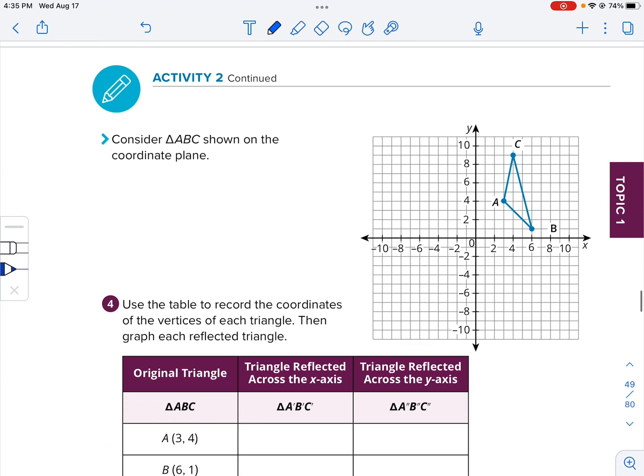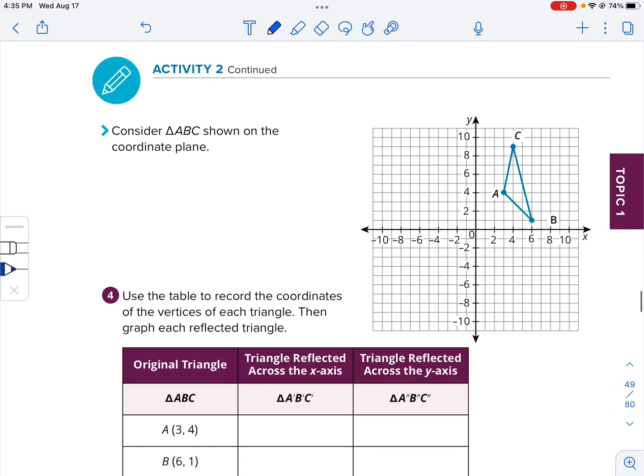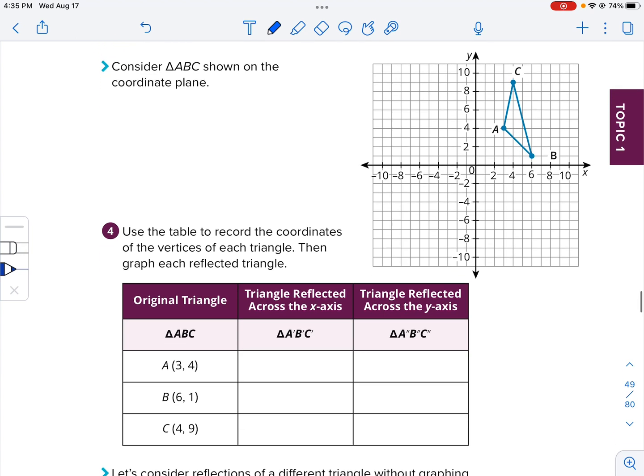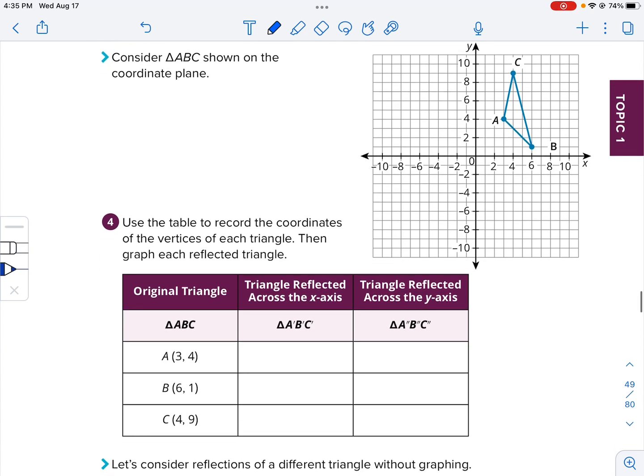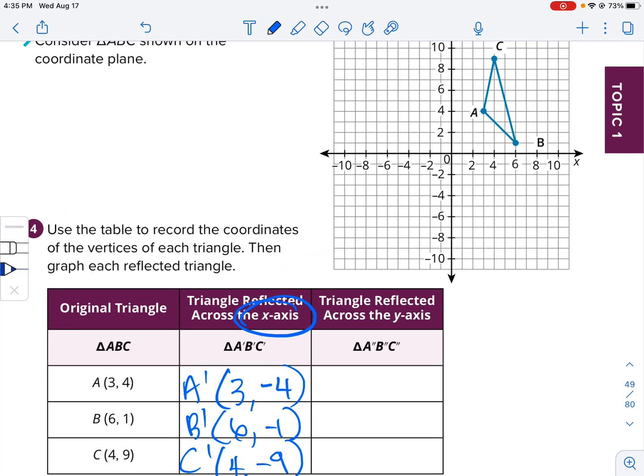Okay, so when I'm looking at this, use the table to record coordinates of the vertices of the triangle, then graph it. So A prime, B prime, C prime. X-axis, so the x stays the same. Y is opposite. So then I plot the point. 3, -4. 3, 1, 2, 3, 4.